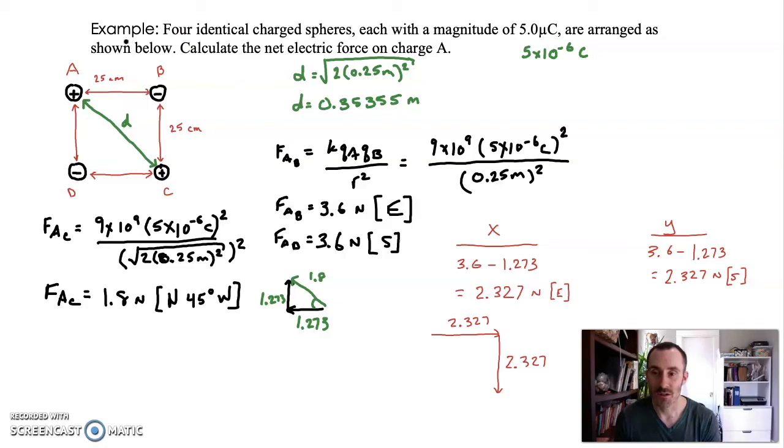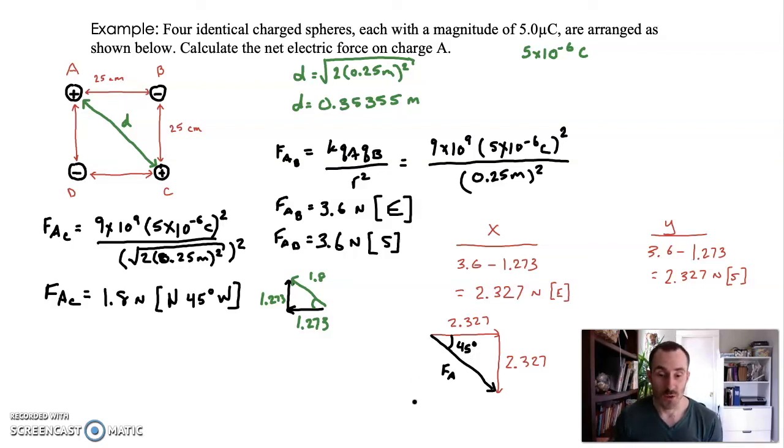And so our total force looks like this. This is the total electric force on A. Since both of those components, the x and y components, are the same, we already know that this is going to be 45 degrees, but you could confirm that using trigonometry.